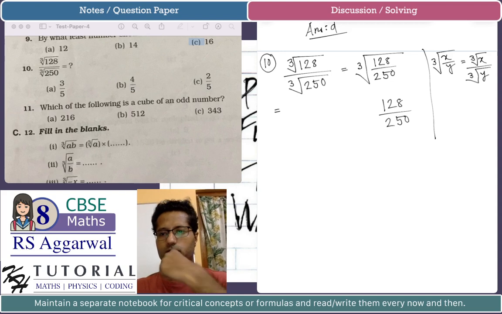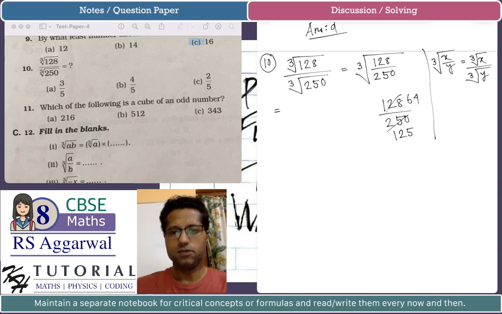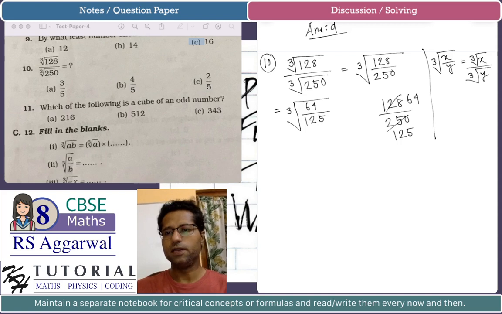Okay, so let's divide it by 2. So 125 and 64. So this is equal to cube root of 64 by 125. That is, the fraction 128 by 250 has been simplified. After simplification, it is 64 by 125.